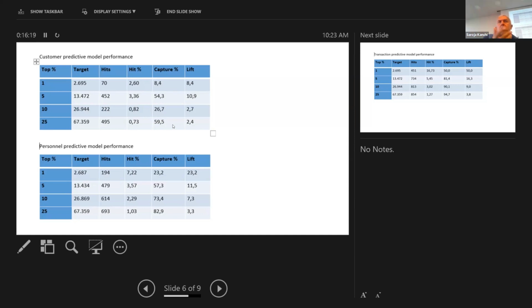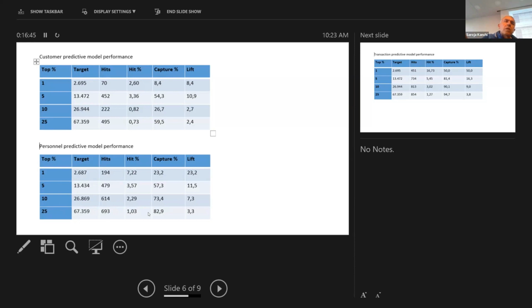So it looks not very successful actually, or impressive. In the personnel predictive score, we obtained better capture rates, for example, in the top 25%. So this model looked better than the customer model.